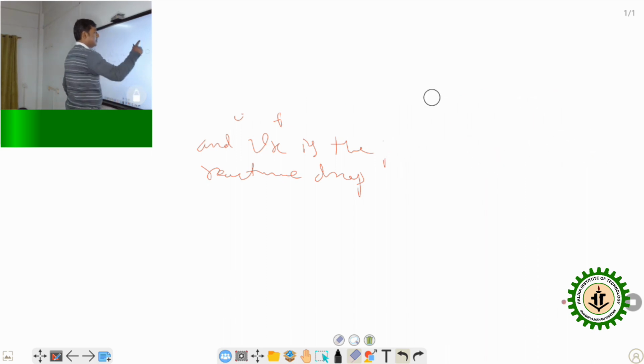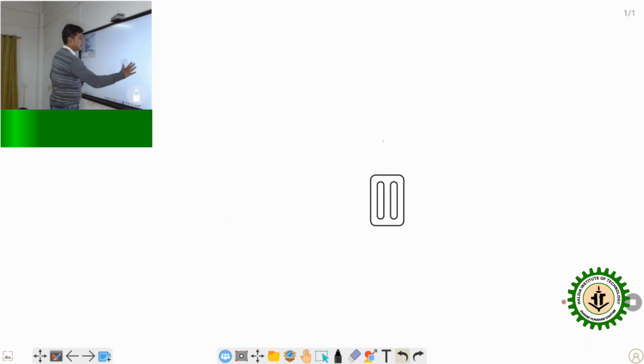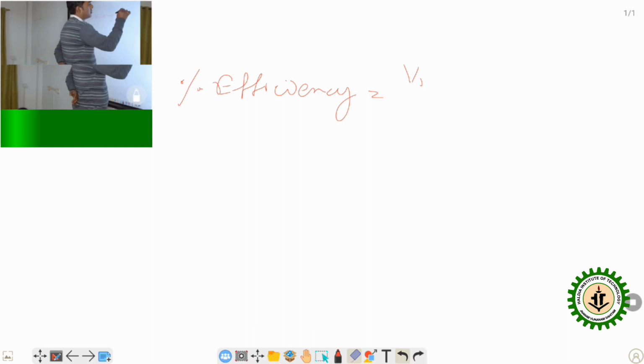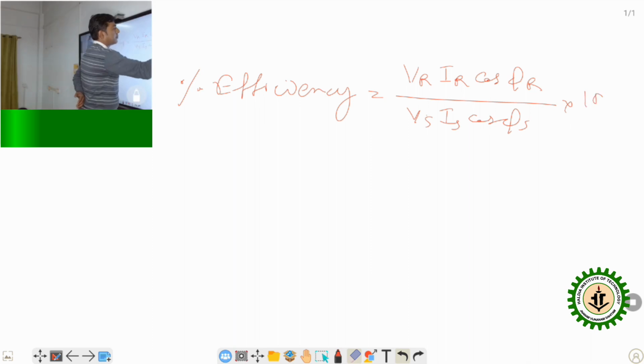The percentage efficiency is equal to the output power, which is VR IR cos phi r, divided by the input, which is Vs Is cos phi s, multiplied by 100. So this is the way to calculate the efficiency.